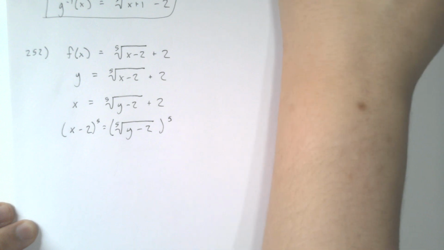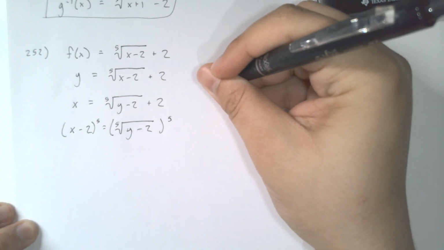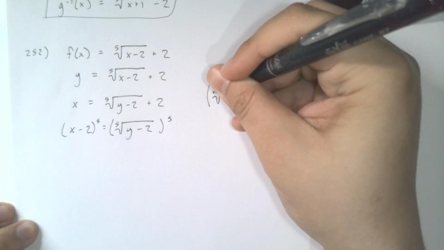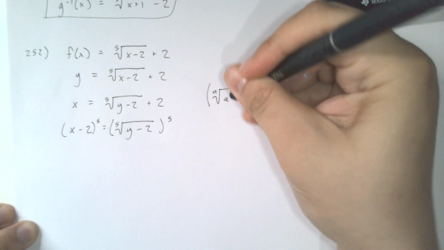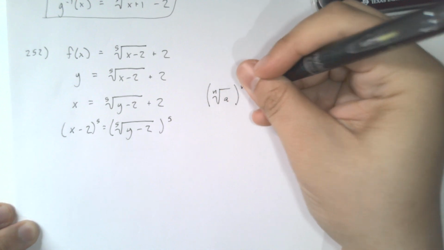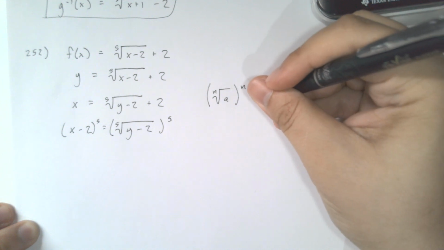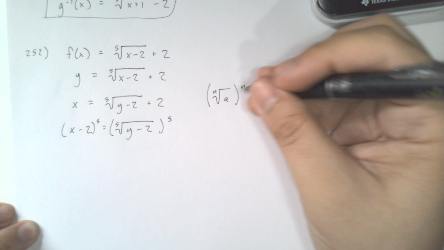So in general, something to note here is that if you have, say, the nth root of a, it doesn't matter what a actually is, it can be whatever you like, and we raise it to the nth power, this will always be equal to a. This always cancels out. And it's the other way around as well.